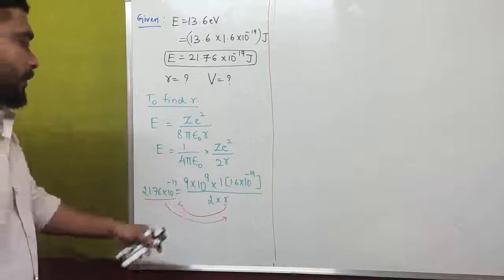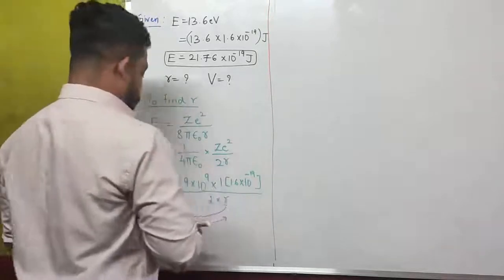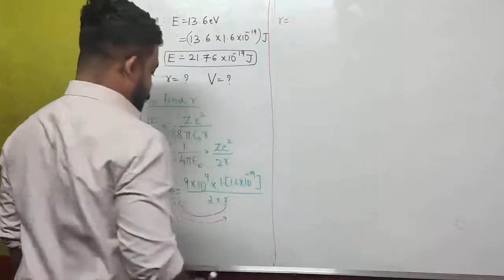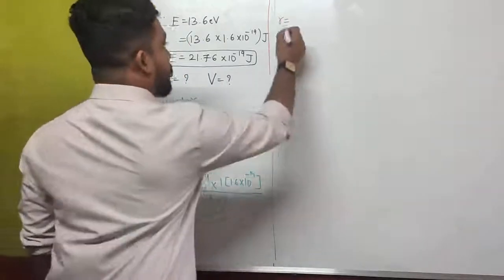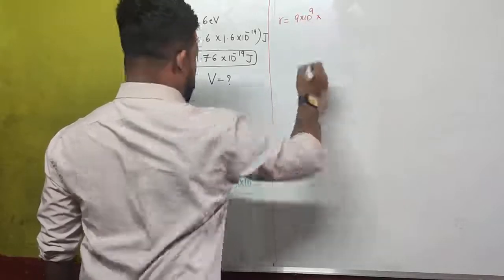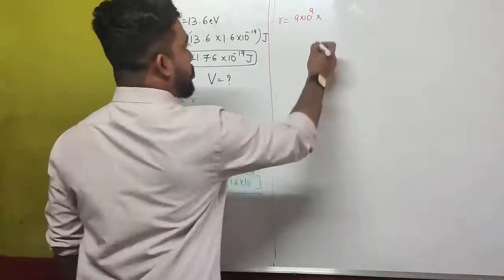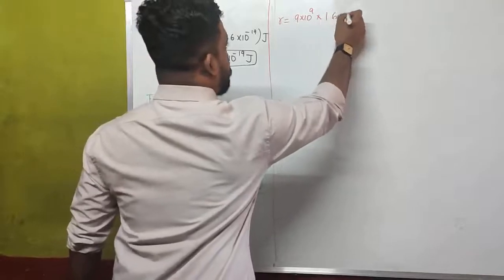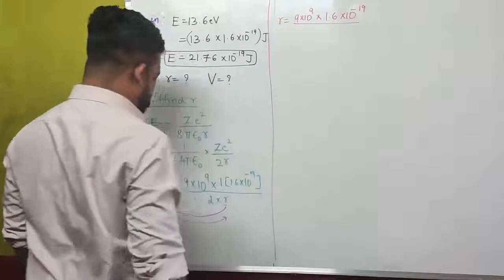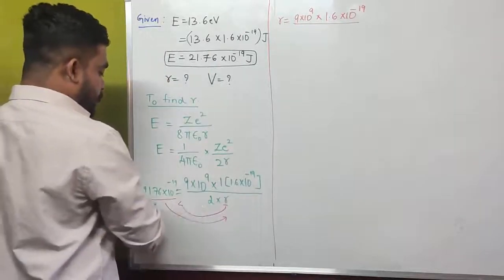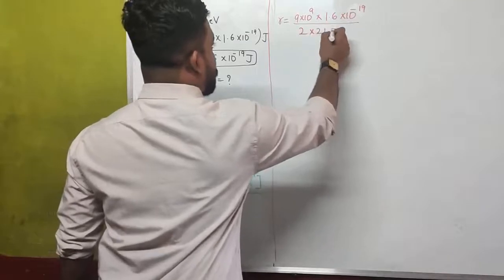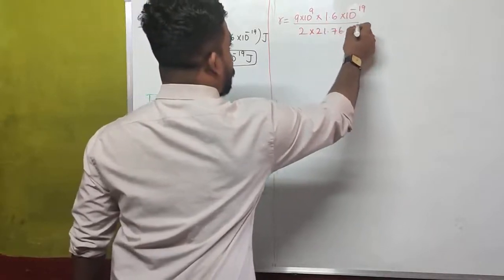Then R is equal to 9 into 10 to the power of 9 into 1.6 into 1, which is 1.6 only, into 10 to the power of minus 19 coulomb, whole divided by 2 into 21.76 into 10 to the power of minus 19.